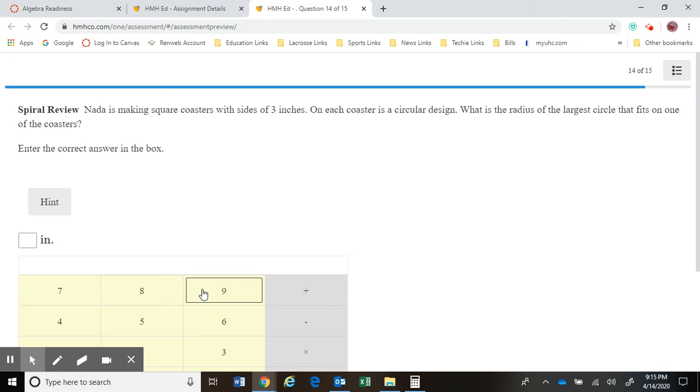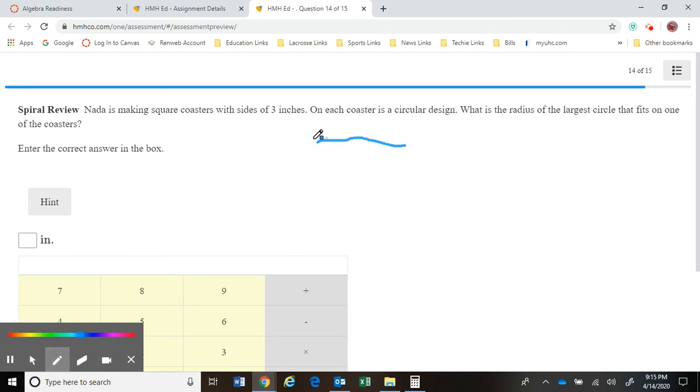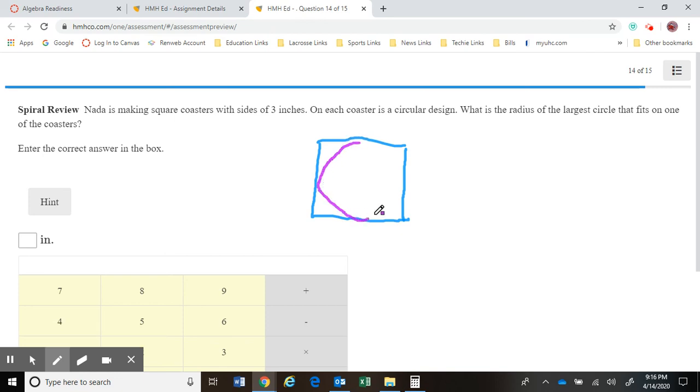All right. Nod is making a square of coasters with sides of 3 inches. Okay. On each coaster is a circular design. What's the radius of the largest circle that fits on one of the coasters? Okay. It's a square, right? Okay. So we're going to draw a square. And inside my square is a circle, right? And we spent a lot of time talking about a radius.